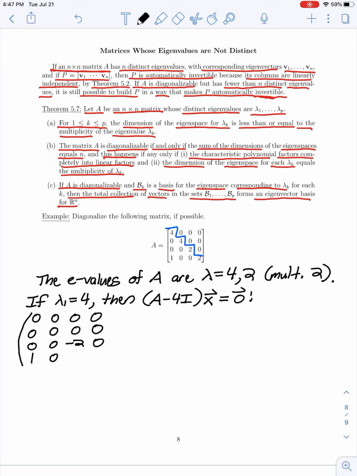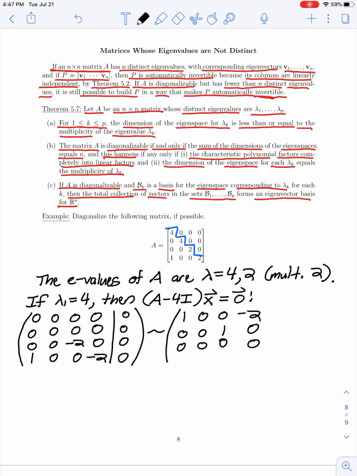And our last row is 1, 0, 0, negative 2, which we are then augmenting with the 0 vector. So clearly, there are non-trivial solutions since we have free variables. And we can see pretty quickly that this matrix is row equivalent to 1, 0, 0, negative 2, 0, 0, 1, 0, and then our last two rows being all zeros, augmented with our 0 vector.